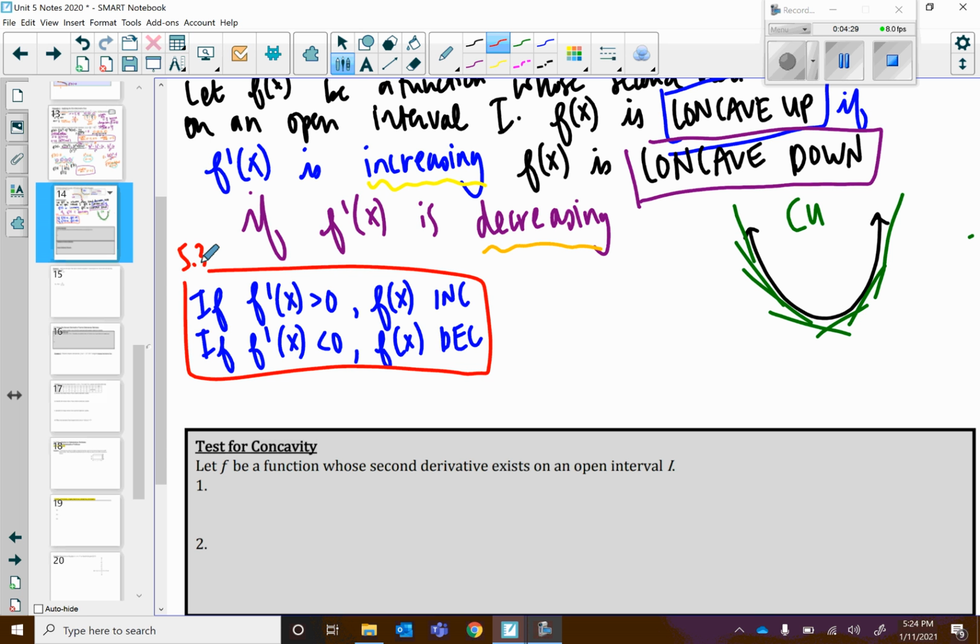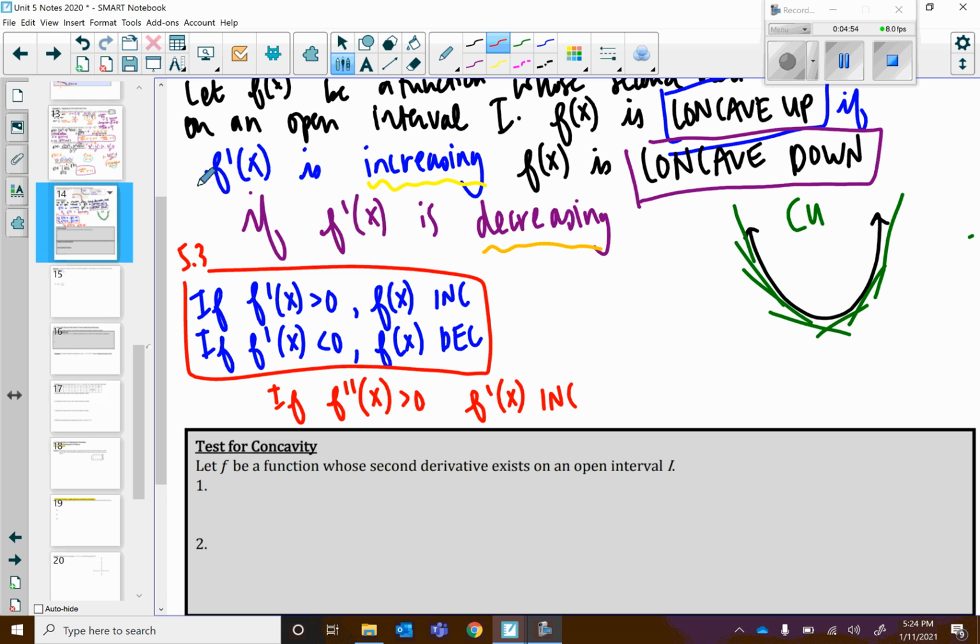So now let's take in the second derivative. If, let's say, the second derivative is positive, that means the rate at which our slopes are changing is increasing. Positive. That means our derivative is increasing.